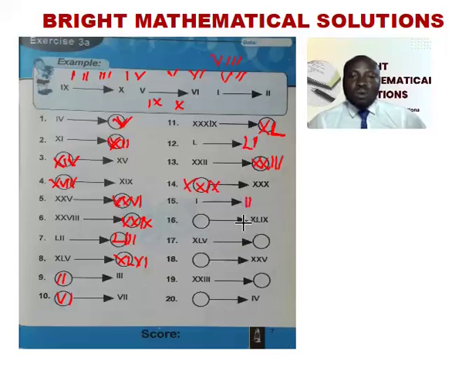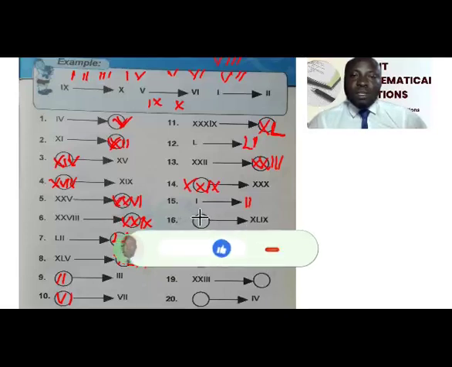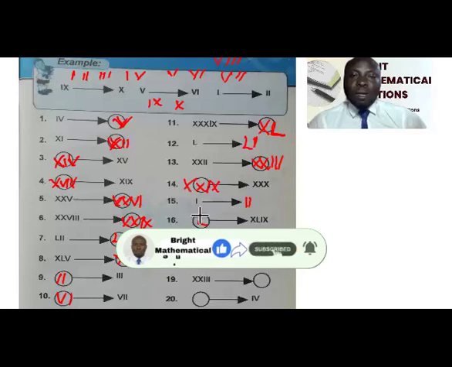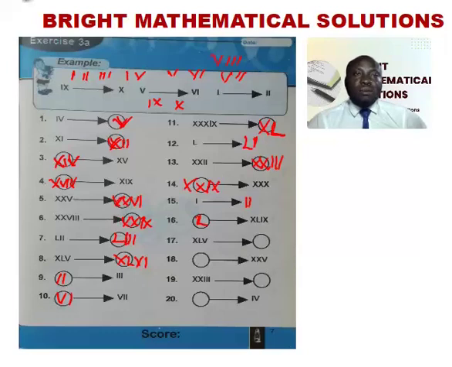1, 2. So XL, that's 40, and this is IX, that's now 49. This is 49. So this will now become 48. Sorry, please pardon me. So XLIX, that's 49.